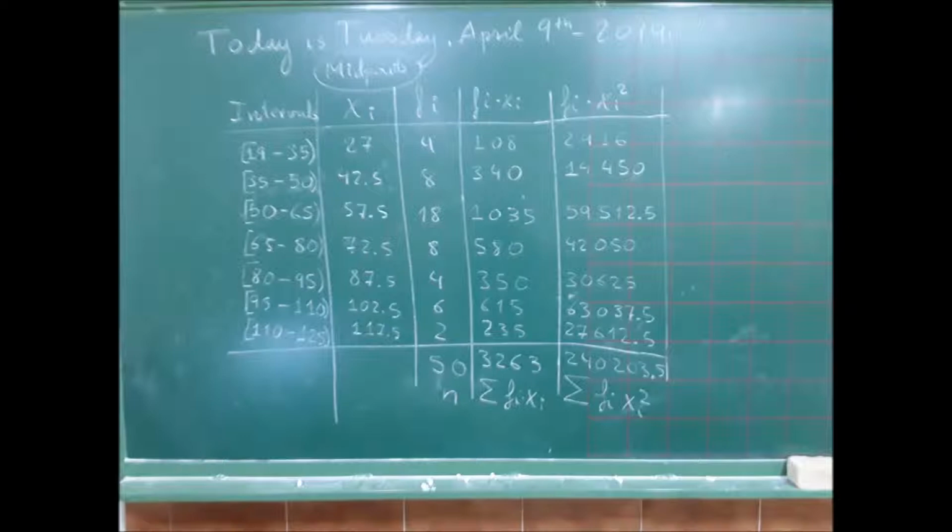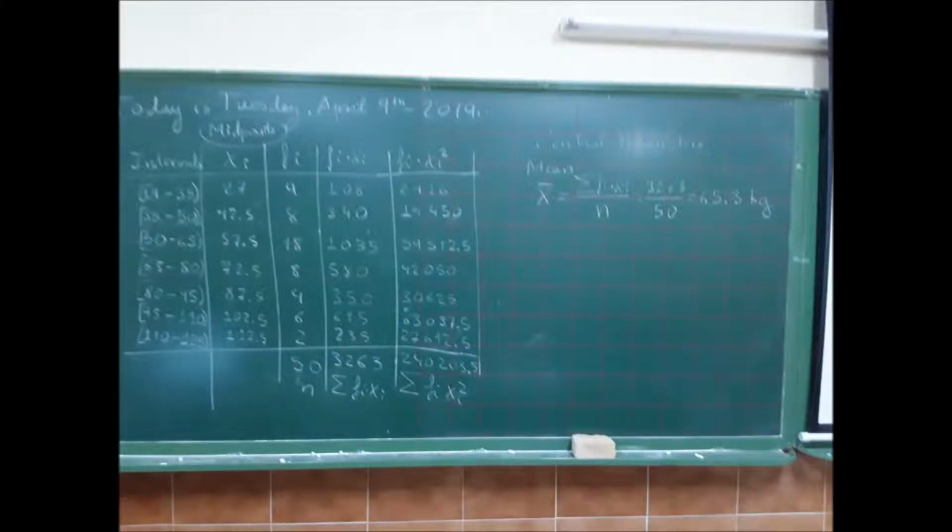And at the end we will add up all these numbers and we will obtain the sum of fi times xi squared, that is, as we can see here, 240,203.5. And now our frequency table is complete and we can start calculating the parameters.